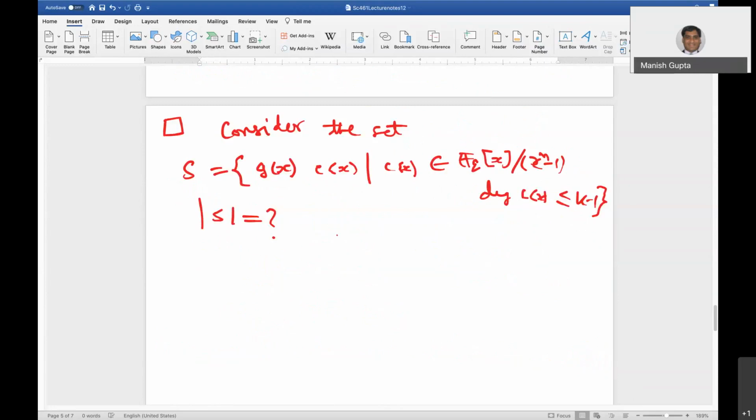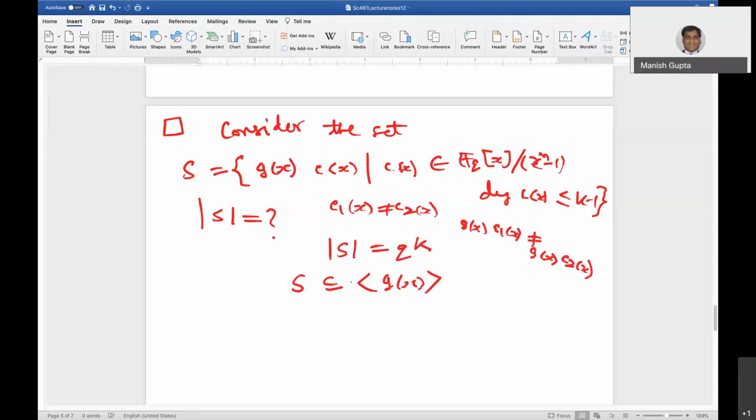It is clear that the cardinality of S will be q raised to the power k. They are all distinct actually.